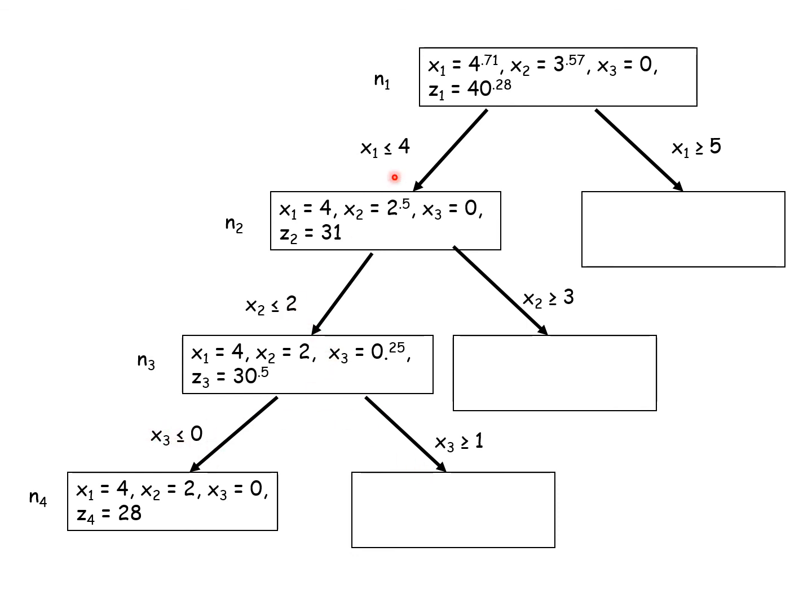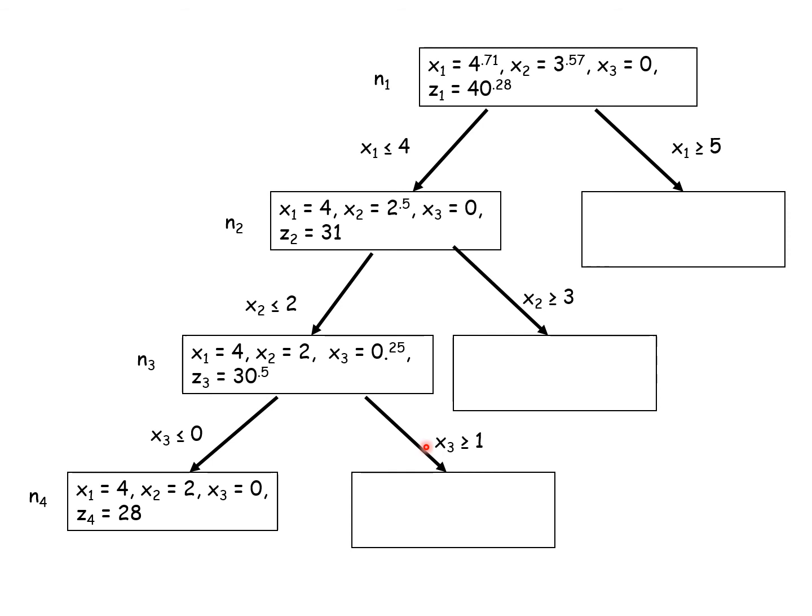Only x1 less than 4, x2 less than 2, and x3 larger than 1, and I solve the problem and get a solution here. Then either I continue branching down left, or if I get something less than 28, I don't even bother to continue.